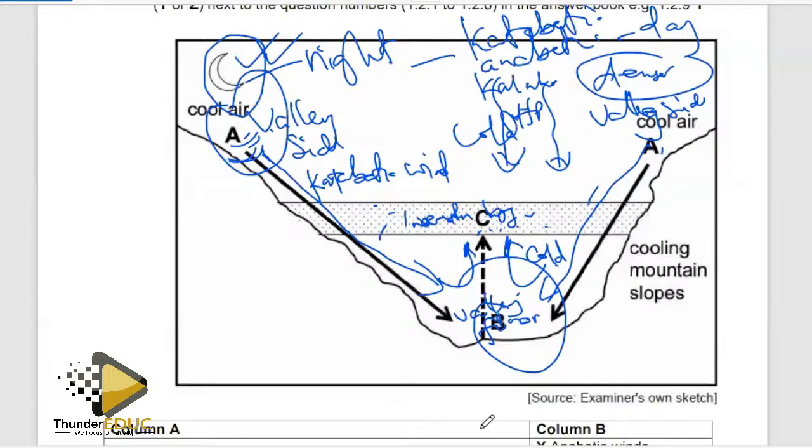Ultimately, if there is any moisture in the air around that area, it is going to convert into frost, which means frost pockets. We are looking at a situation that happens in the valley floor. So it's B.